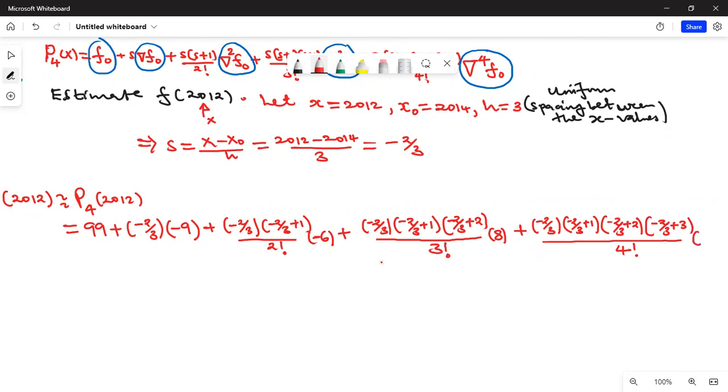Then delta raised to 4, operating on F naught, we got 53. So right here, 53. You are going to press the whole of this in a calculator so that you get 103.7449.